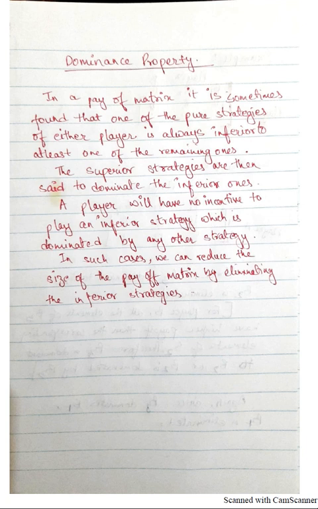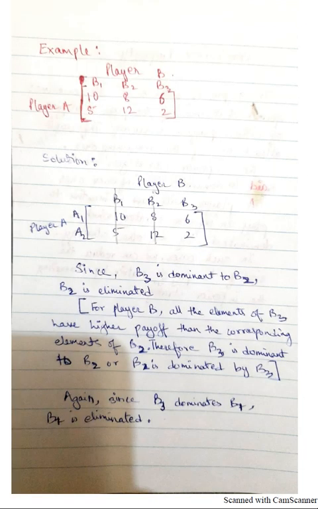So by eliminating the inferior strategies, we can reduce the size of the payoff matrix, and perhaps subsequently also solve the game by consecutively eliminating the strategies one by one. So let us see a few examples to grasp the concept more clearly.